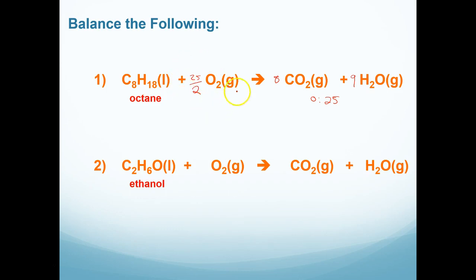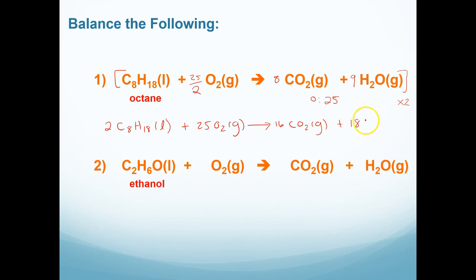I've isolated all of them here. But we know we can't have fractions as coefficients, so I'm going to multiply every single coefficient by 2. So in the end, I get 2 C8H18 liquid, and I'm mixing that with 25 moles of oxygen gas, and I am producing 16 moles of carbon dioxide gas and 18 moles of water vapor.